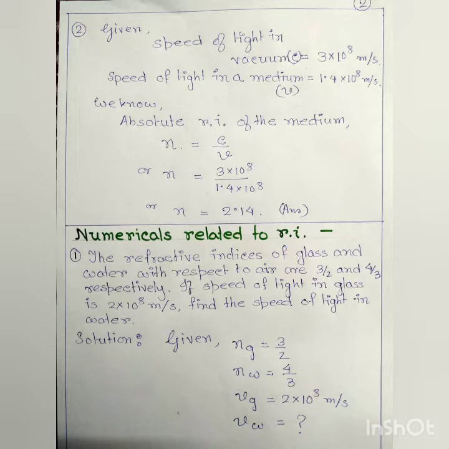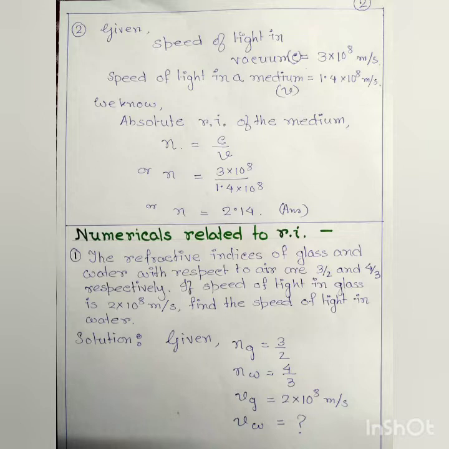The refractive indices of glass and water with respect to air is 3/2 and 4/3 respectively. If speed of light in glass is 2 into 10 to the power 8 meter per second, find the speed of light in water.